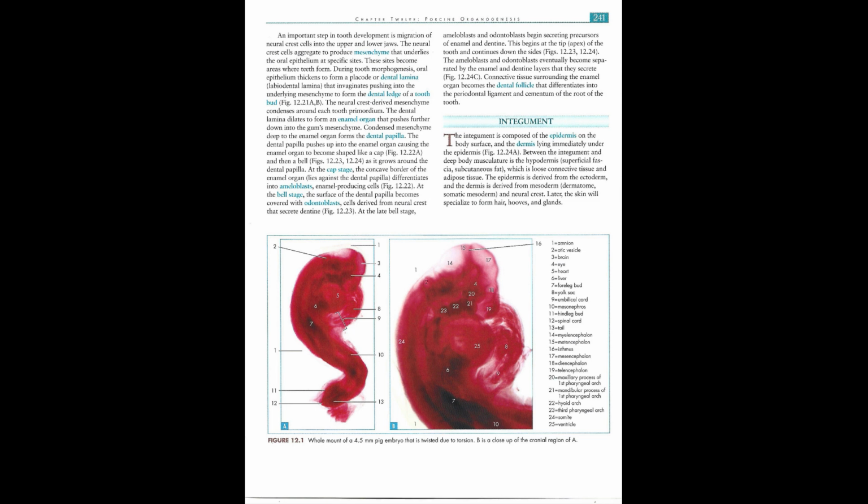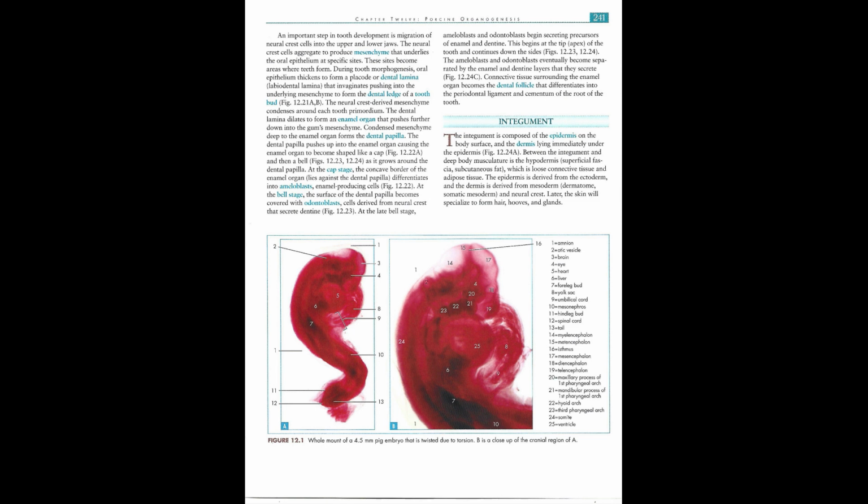The dental lamina dilates to form an enamel organ that pushes further down into the gums mesenchyme. Condensed mesenchyme deep to the enamel organ forms the dental papilla. The dental papilla pushes up into the enamel organ, causing the enamel organ to become shaped like a cap, Fig 12.22a, and then a bell, Figs 12.23, 12.24, as it grows around the dental papilla.